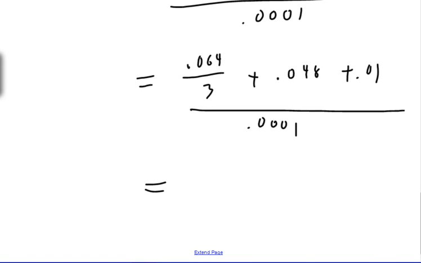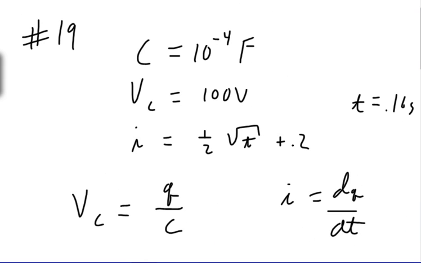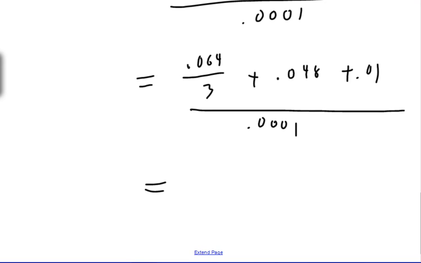Now, do we expect some answer greater than or less than 100? You have a capacitor that already has 100 volts across it. You start shoving in charge, you'd expect the voltage to go up, right? Yeah. So my calculator says the answer is 793 volts, which is probably the right answer.